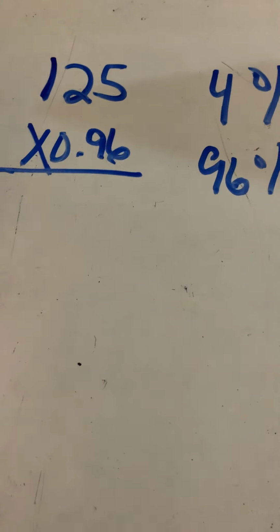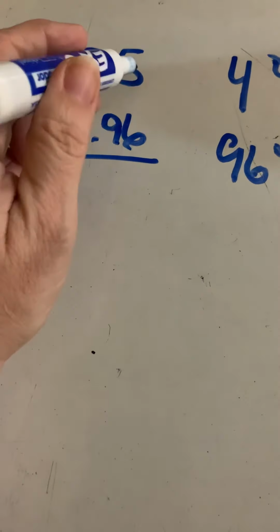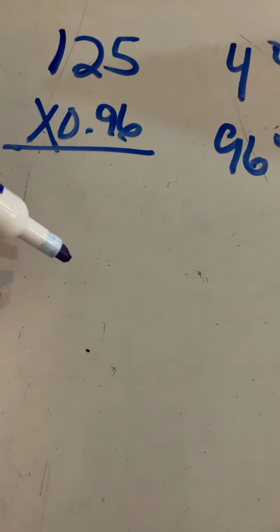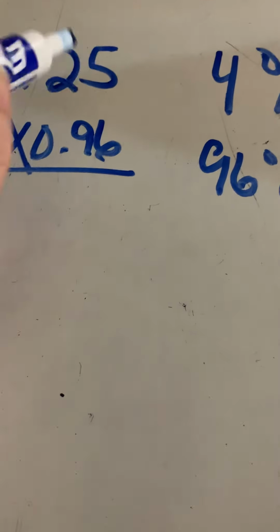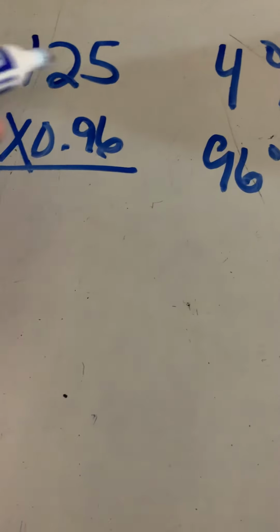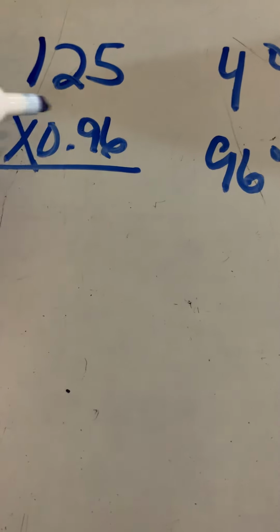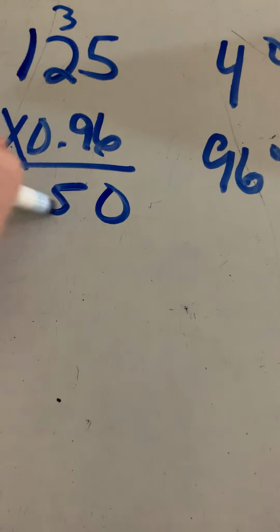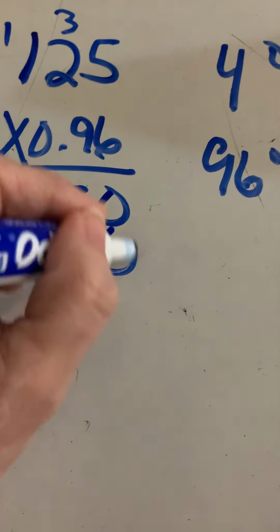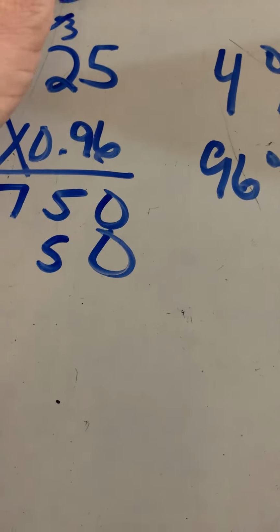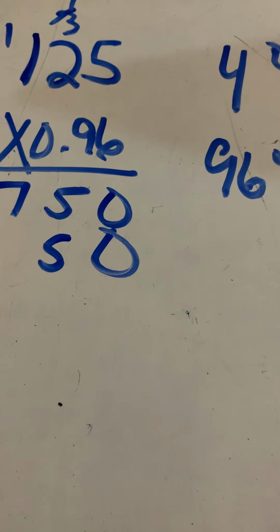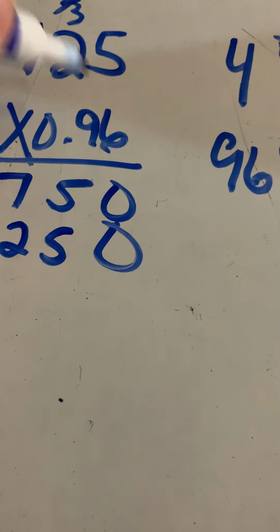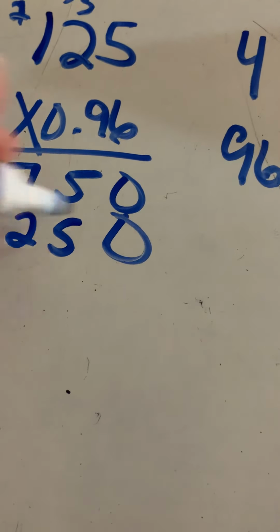So if I multiply 125 by 96, it's not going to be very much decrease when you're decreasing it by 4%, because that's very little decrease, so you expect a bigger number. 6 times 5 is 30, and 12 plus 3 is 15. 6, 7, hold the spot, we have 45. 9 times 2 is 18, plus 4 is 22, carry the 2. 9 times 1 plus 2 is 11.